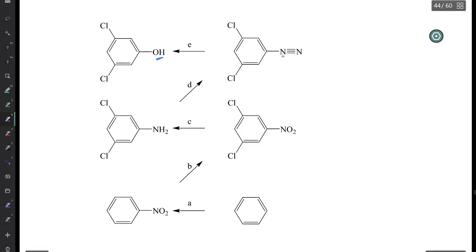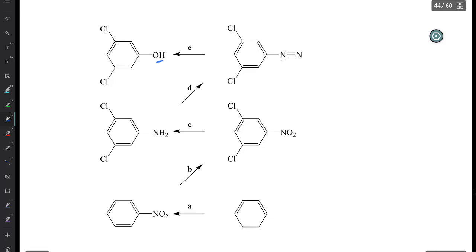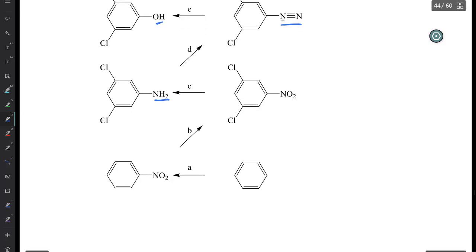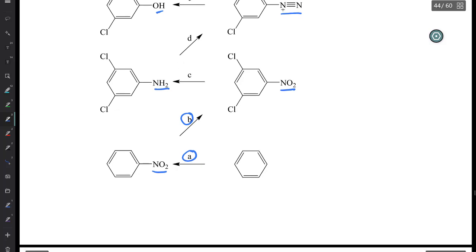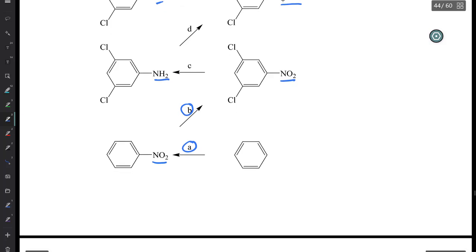The step before that, though, has to go through the diazonium salt. That means it had to be the amine, which is a reduction, again a Clemmensen type reduction. And before that you can have a nitro group, so you have nitration. So A is a nitration, B is a halogenation, and because nitros are meta-directing, you'll have the chlorines meta to the nitro group.